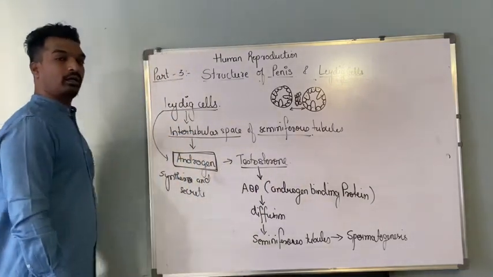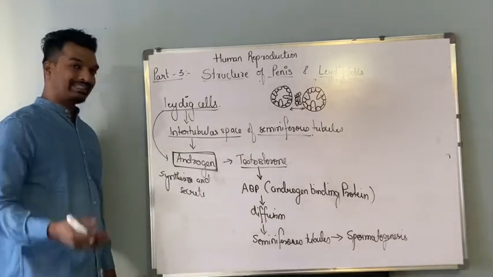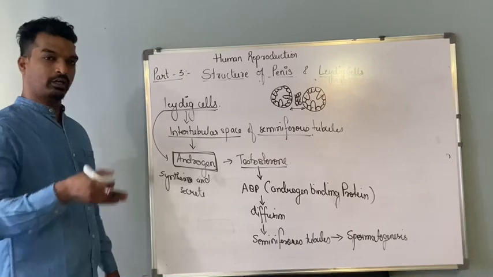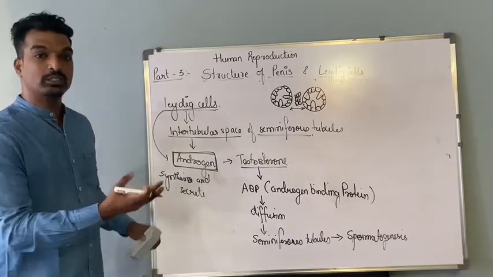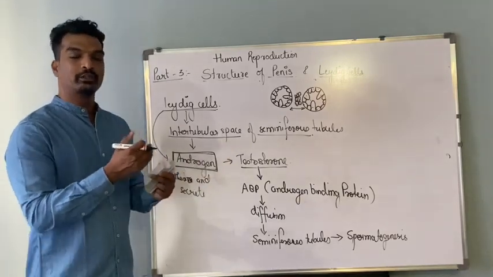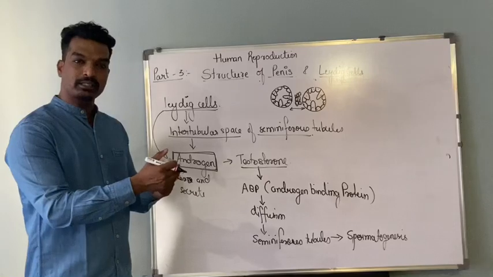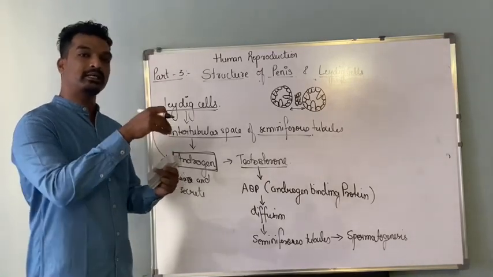Testosterone is released by the Leydig cells, and these androgens are released in the intertubular space, because where are the Leydig cells present? They are present in between the two tubules, in the intertubular spaces. So Leydig cells secrete the testicular hormones in the space.